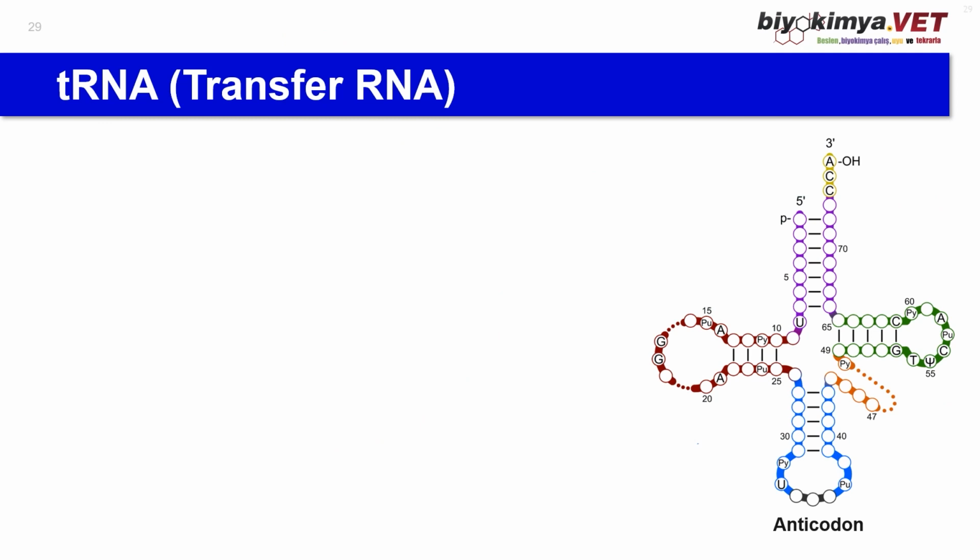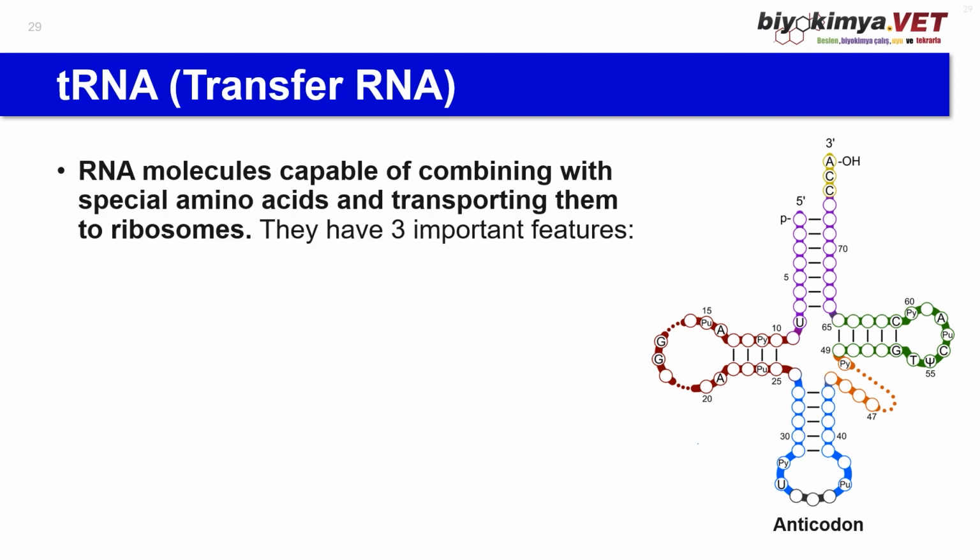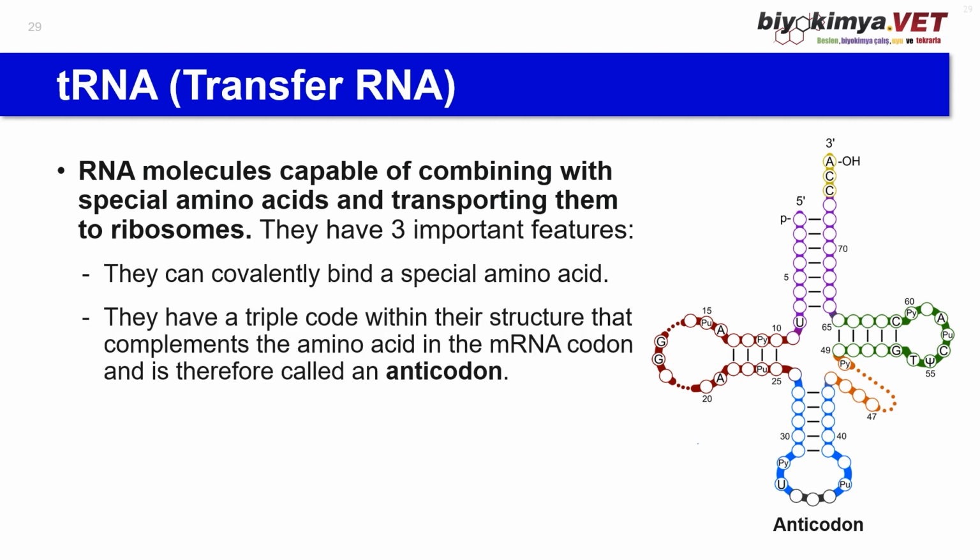Transfer RNA, tRNA. RNA molecules capable of combining with special amino acids and transporting them to ribosomes. These are transfer RNA. They have three important features. They can covalently bind to a special amino acid. They have a triple code within the structure that complements the amino acid in the mRNA codon, therefore called an anticodon.